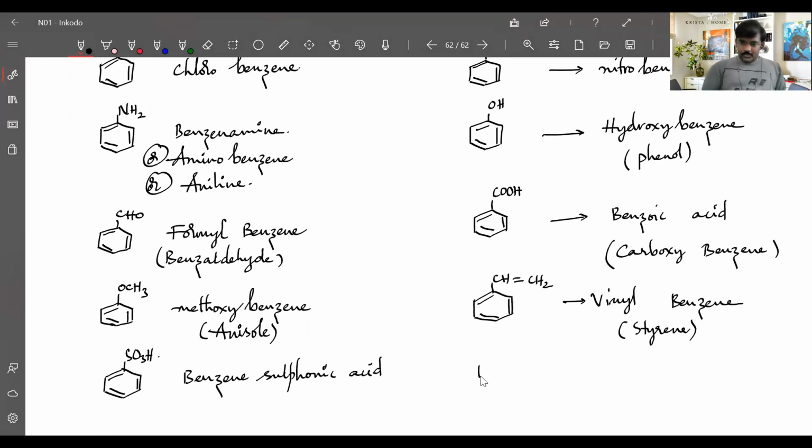Similarly, now we are attaching diazonium chloride, N2Cl. That N2Cl is called diazonium chloride, so you can simply write it as benzene diazonium chloride.